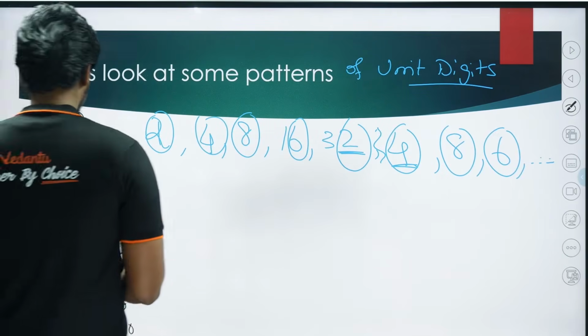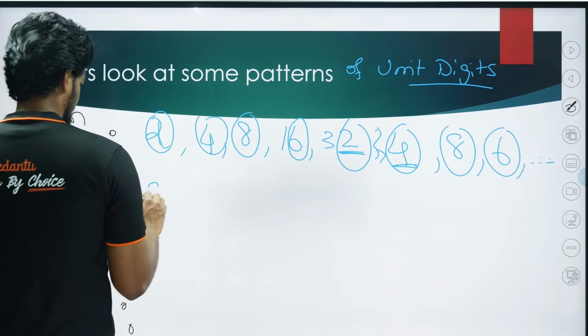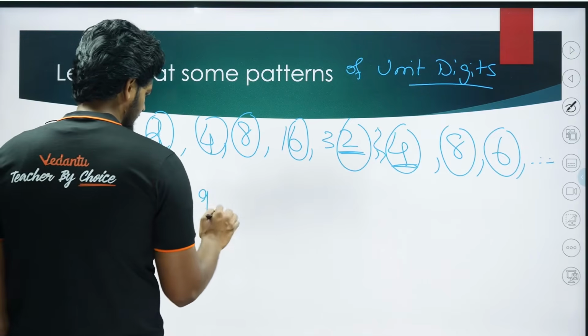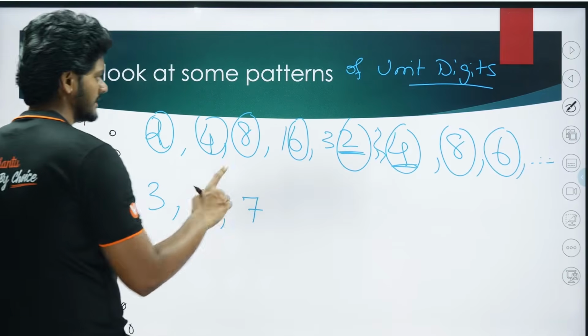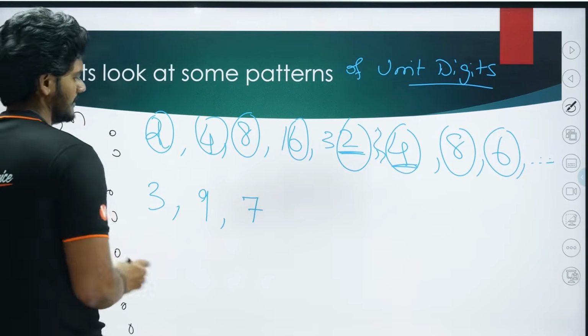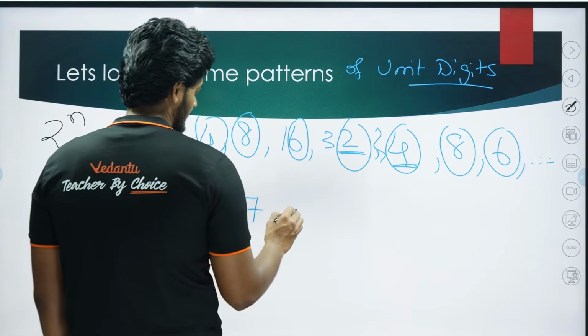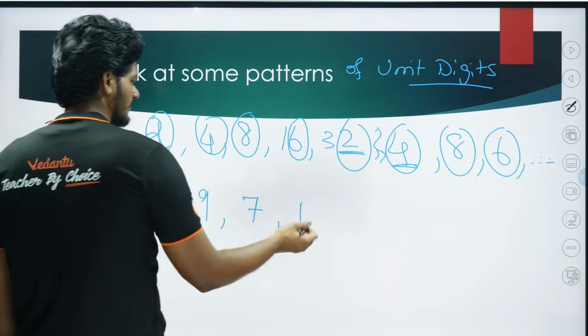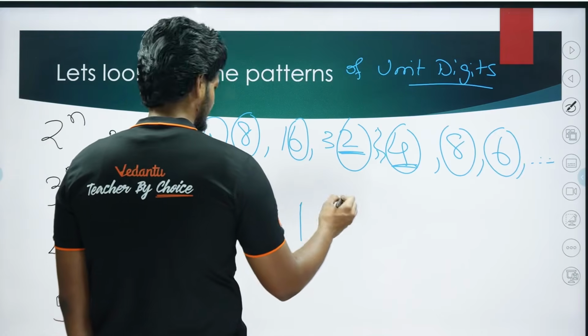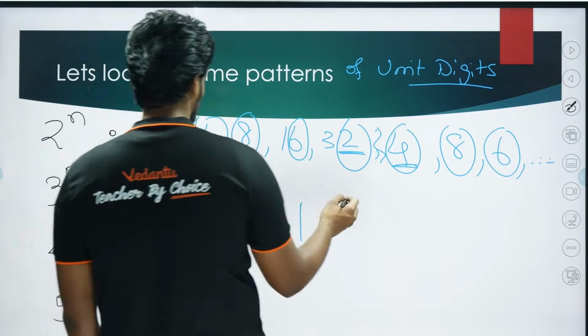Okay, let's do it for 3. So we have 3. I'll have a 9. And then I'll have 27. I'm only writing the unit digit. Okay. Now 7 3s are 21. Now the moment there is 1, of course it will repeat. It will go to 3 again.